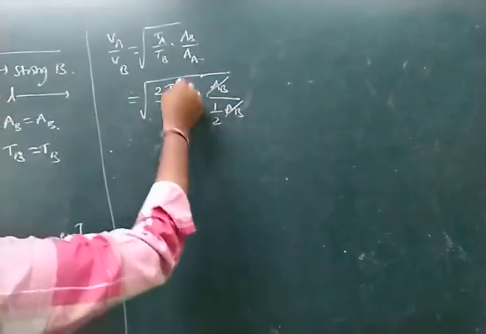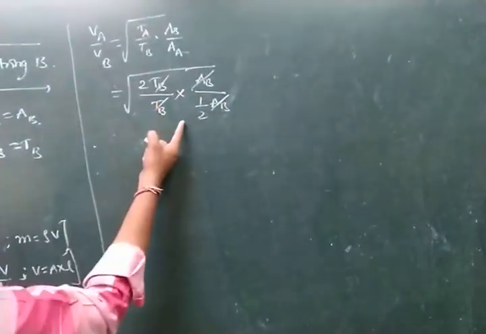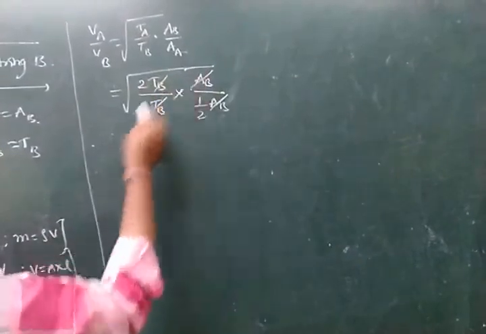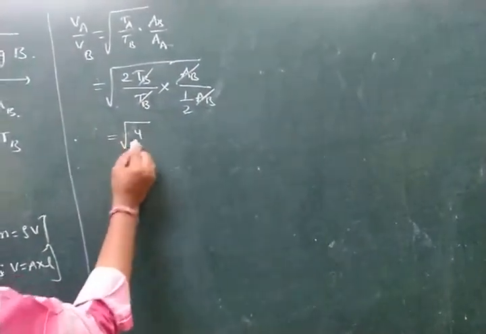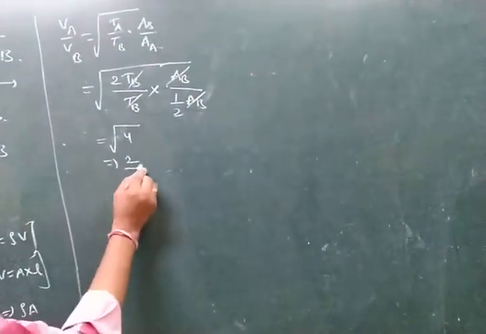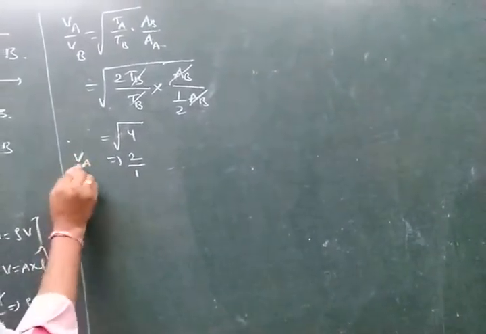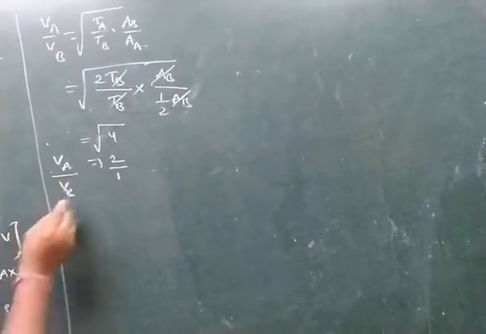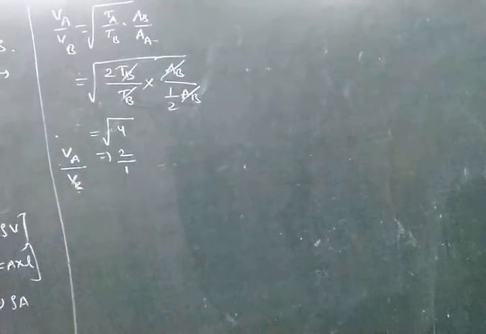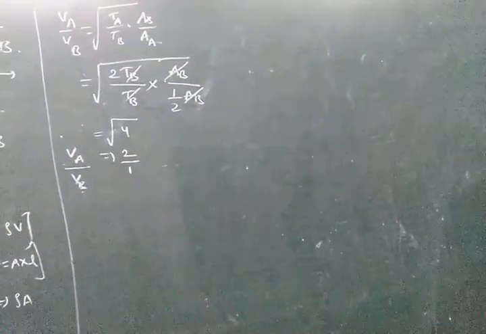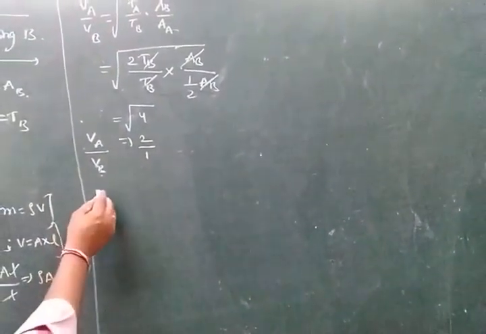The TB and AB cancel, and the numerator is 2 into 2, which is 4. The root of 4 is 2 by 1. That is, the velocity of string A by the velocity of string B is 2 is to 1.